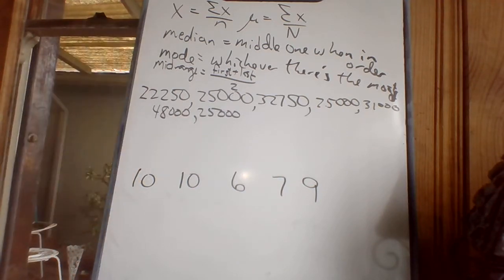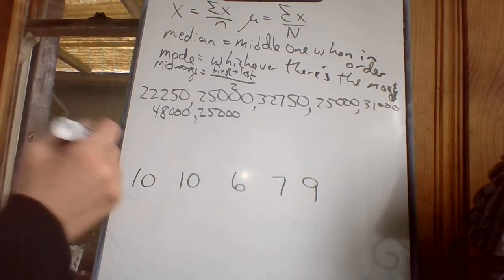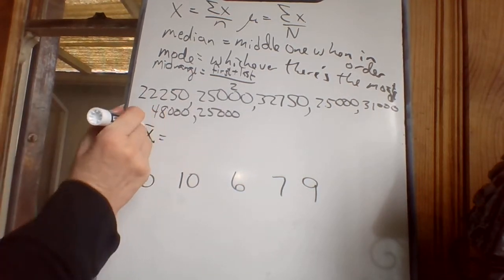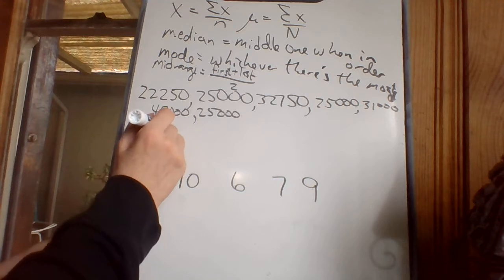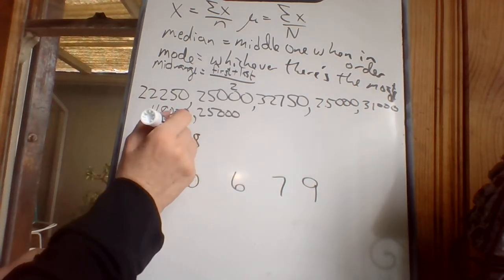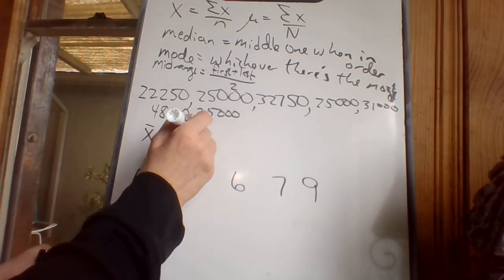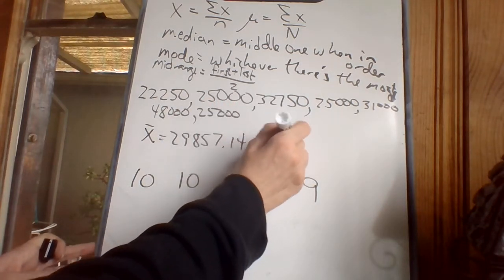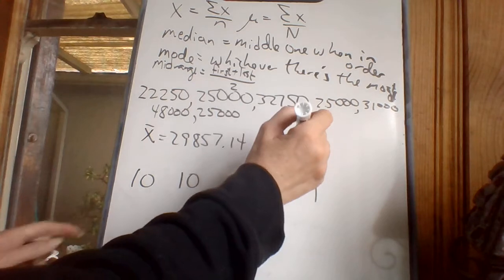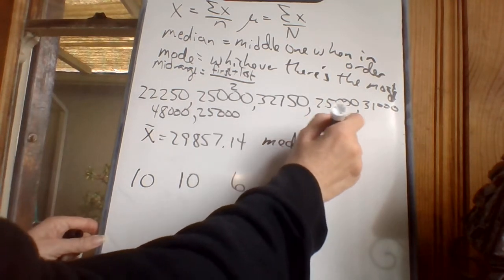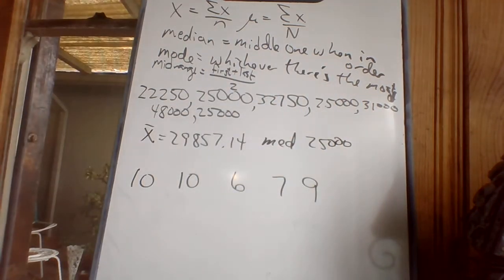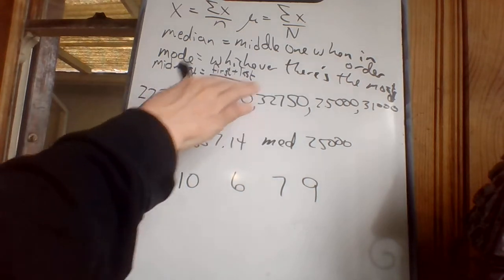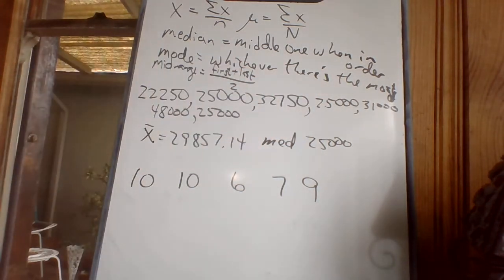I put these numbers into my calculator, and I got, it's on the notes, X bar is 29857.14, and it also told me at the same time the median was 25,000. It put them in order and figured that out, and I didn't have to put them in order. The calculator can reorder them. I'll just put them in whatever way I want in my list 1, and then that'll take care of it.